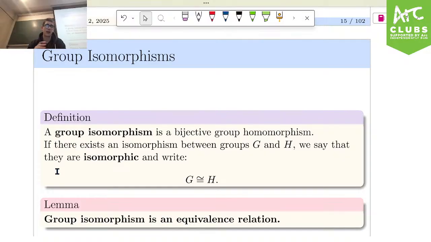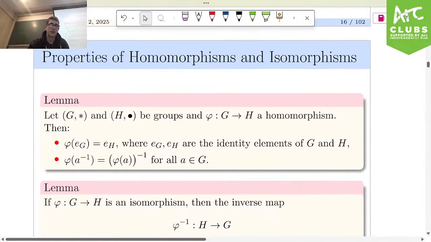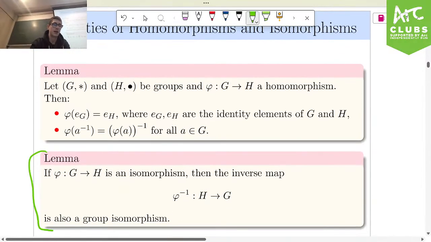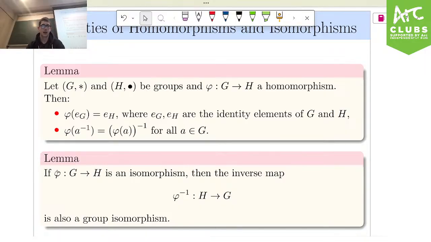You have transitivity: if G is isomorphic to H and H is isomorphic to some other group K, then G is also isomorphic to K. And you have symmetry: if G is isomorphic to H, then H is isomorphic to G. In particular, from this lemma, if we have an isomorphism, then the inverse exists, and that inverse is also an isomorphism.